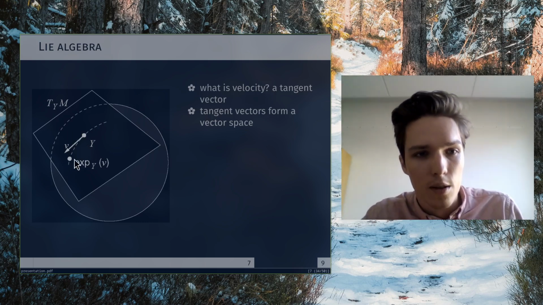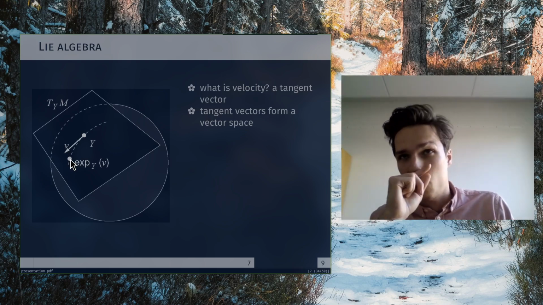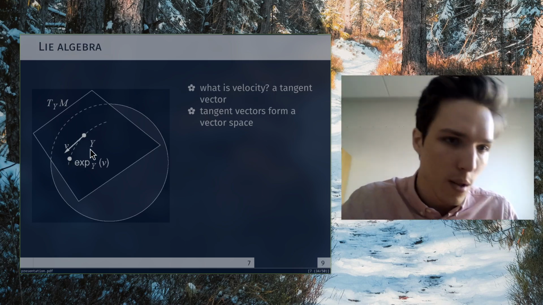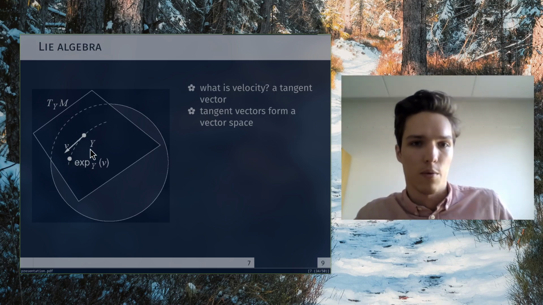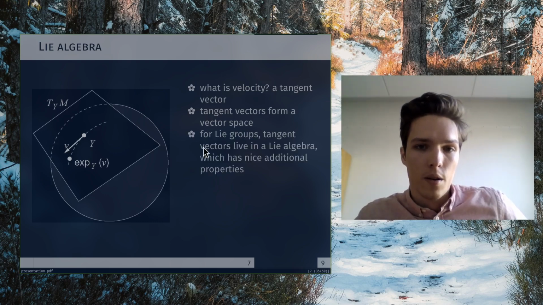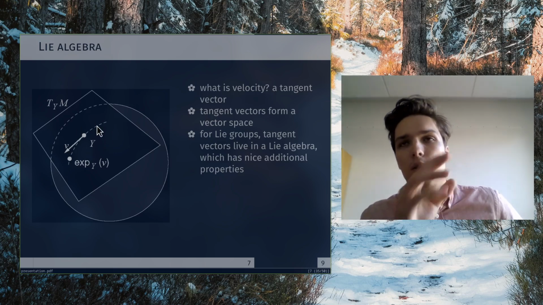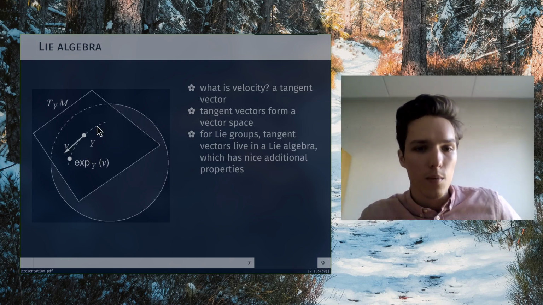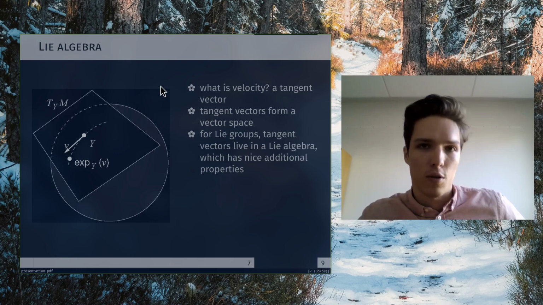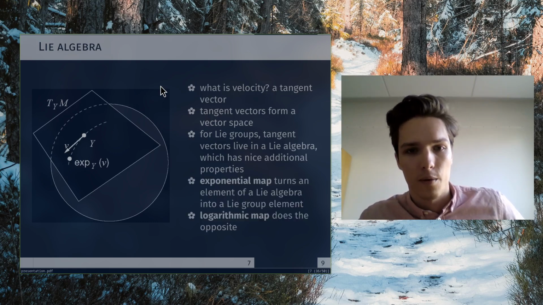Anyway, these velocities do live on a tangent space, so you can add them together, multiply them with a scalar, do your normal linear algebra with the velocities. Furthermore, if your underlying manifold is a Lie group, then this vector space would be called a Lie algebra, and it has some additional nice properties, which we don't need for this very short introduction, just giving you a flavor for what we have here.